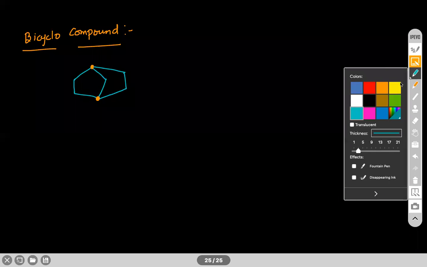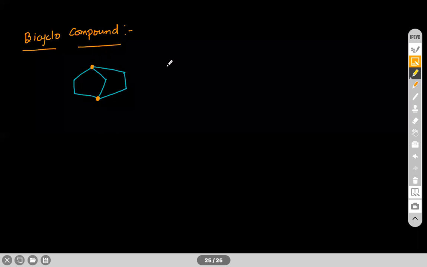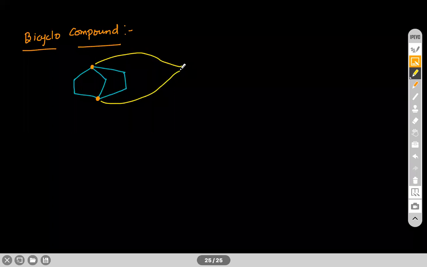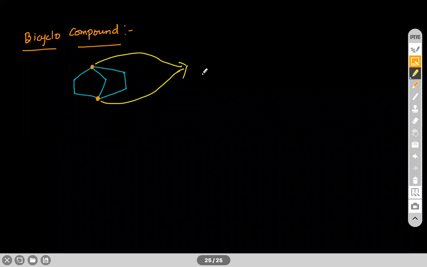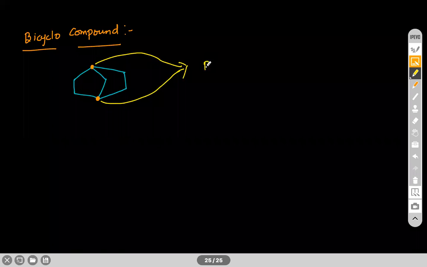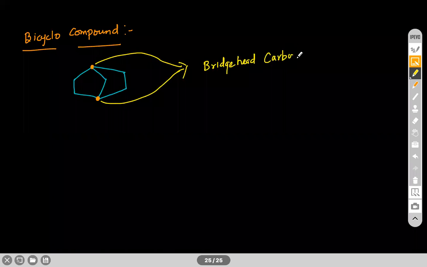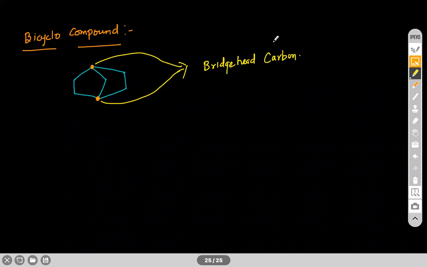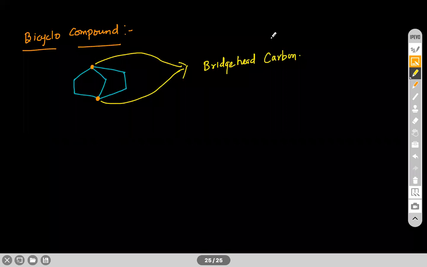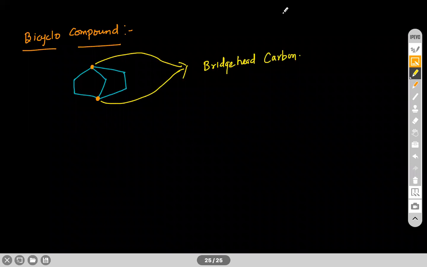So these 2 carbon atoms, we call them bridgehead carbons. This is bridgehead carbon. First thing is this.